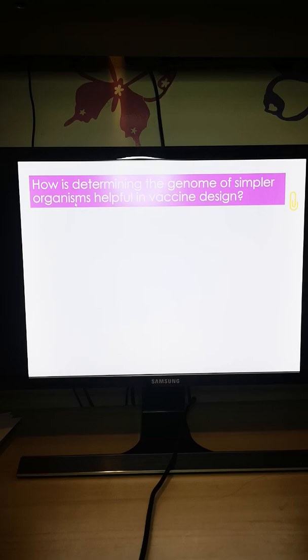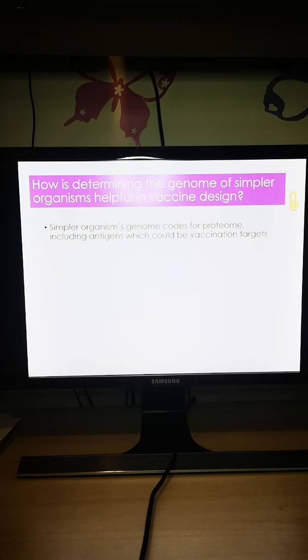Think about simpler organisms, for example our COVID-19 virus. At the moment there's a lot of people trying to design a vaccine that's going to work to protect us from this virus. So how does determining the genome help us? Well, simpler organisms are simple because their genome basically codes for their proteome.